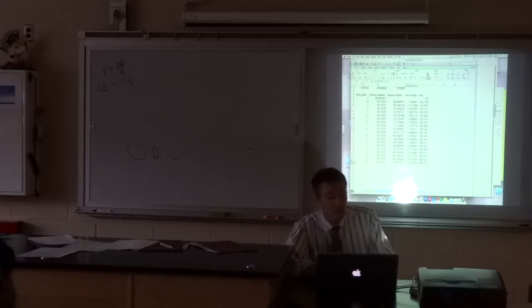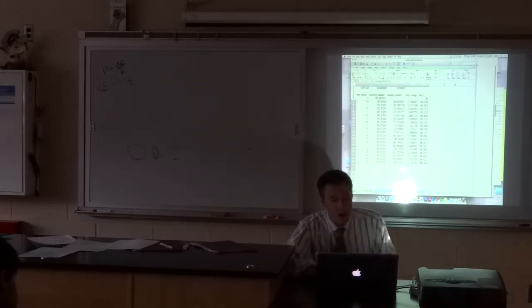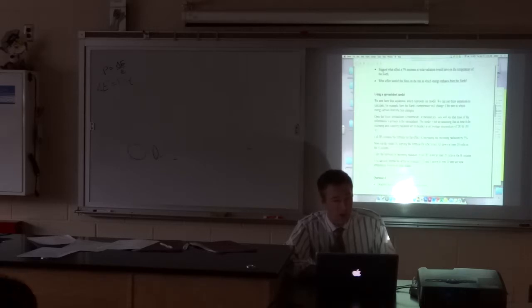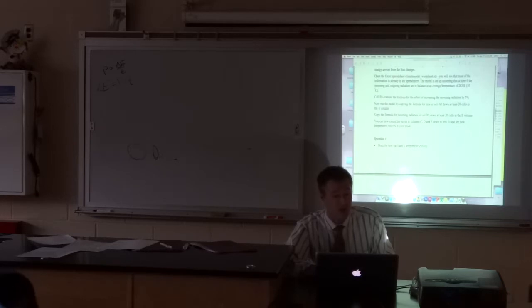So eventually we get no temperature change. Eventually we'll reach an equilibrium temperature, and that's what we want to use this model to do, right? So that's essentially what you're going to be doing for the rest of today. I'm certainly happy to help you if you run into problems, but we're just going to vary some of those things to see what effect it has on the Earth's temperature.